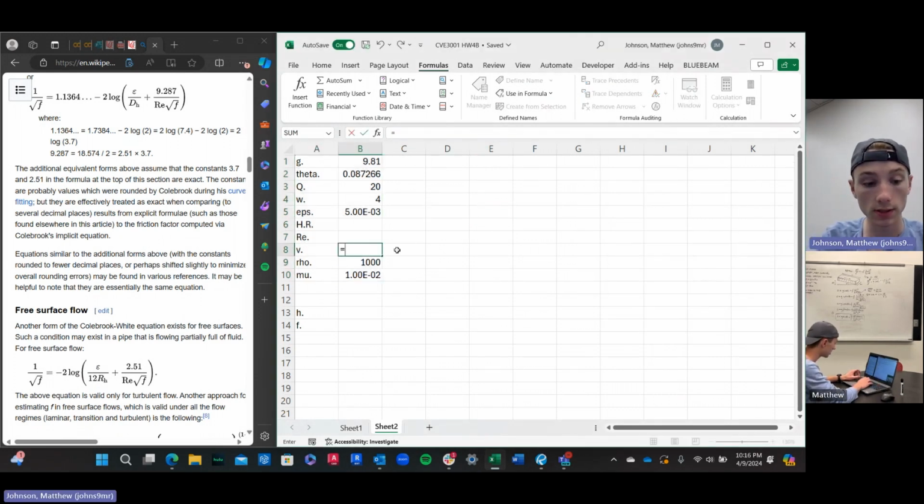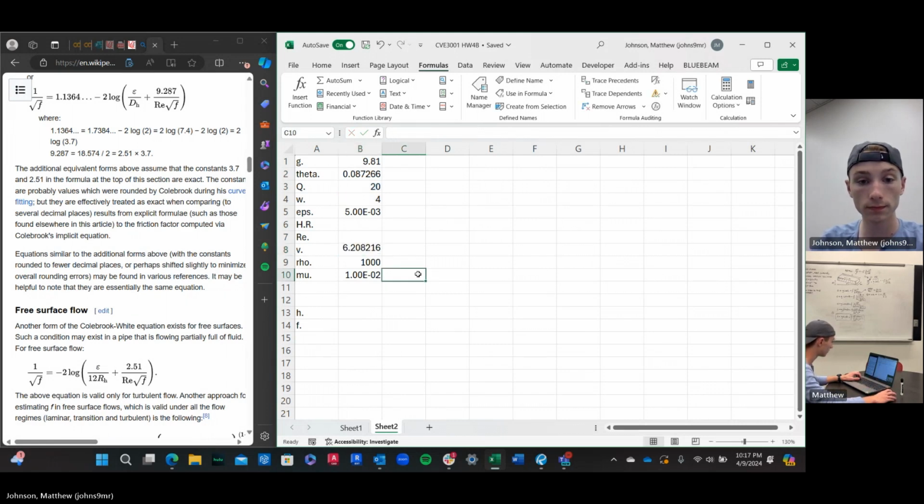So velocity is equal to Q divided by H times W. Surprised that's working since it doesn't know what H is yet.